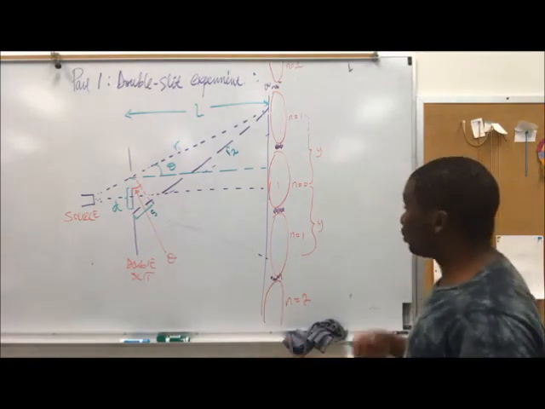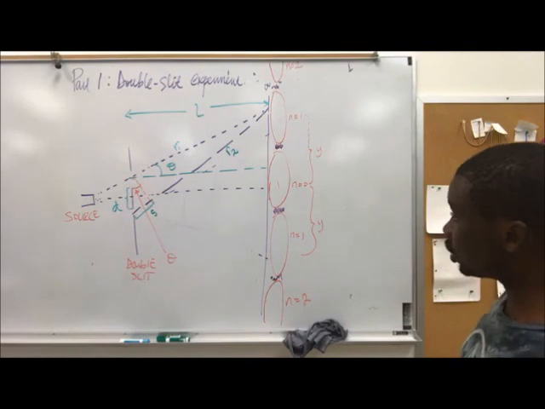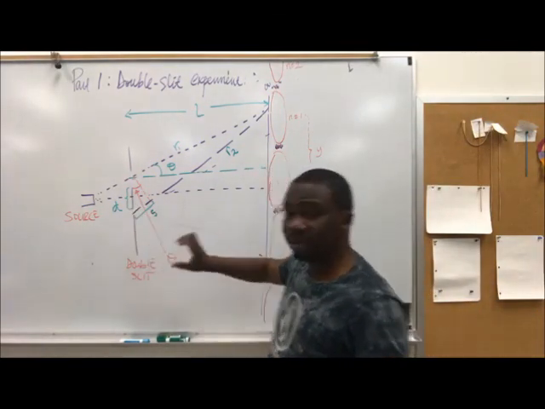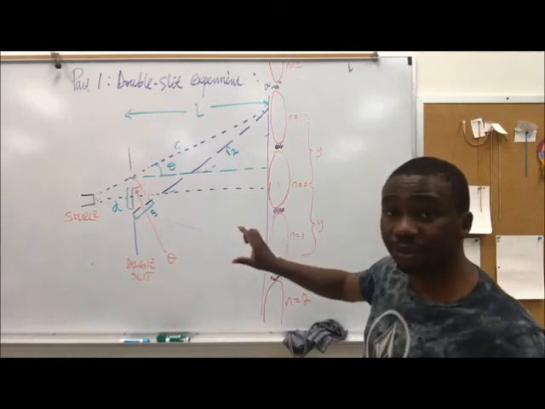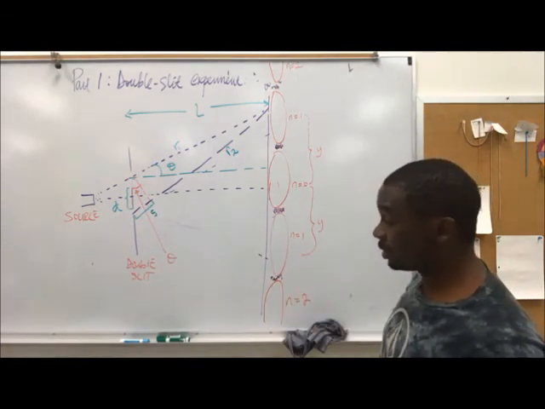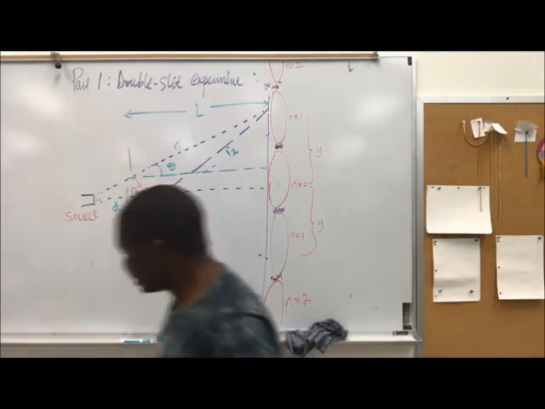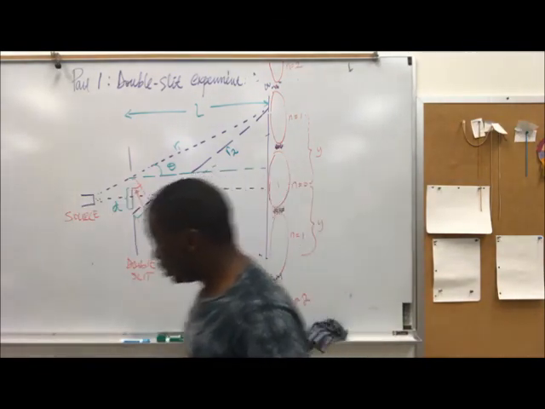So how do we go about solving and finding out what this distance is? We want to know the distance between the two apertures of a double slit. How do we find that? The way we go about solving that is as follows.